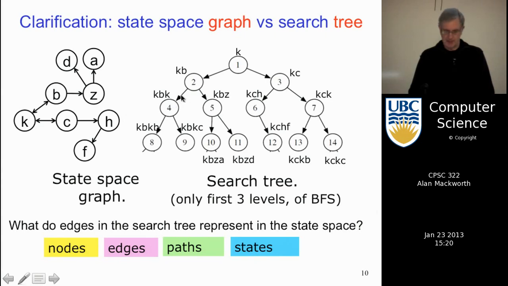It represents exactly an edge over there. Okay, so kind of a trick question, but it's still a reasonable question. Because when I go from the path KB to the path KBK, I've gone from there to there and back to there. So this edge here represents the back edge from B to K. It's the extension of the path KB to the path KBK. Okay?